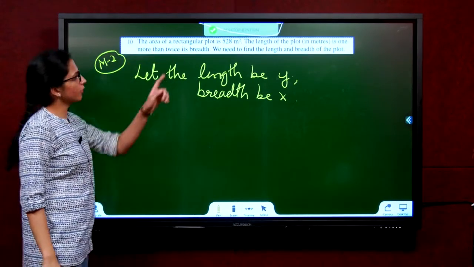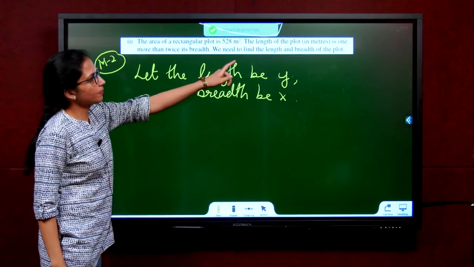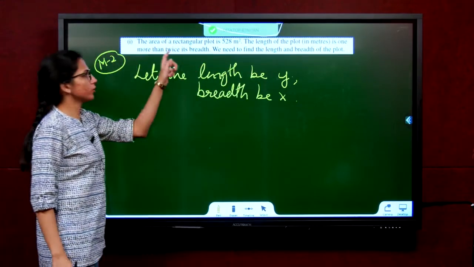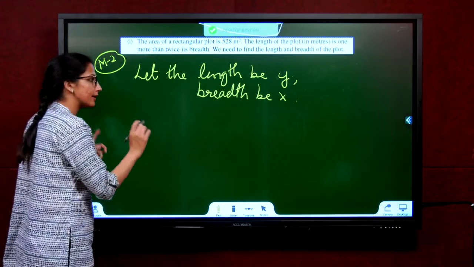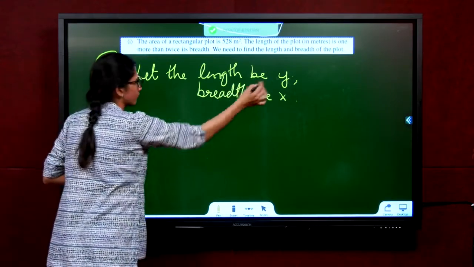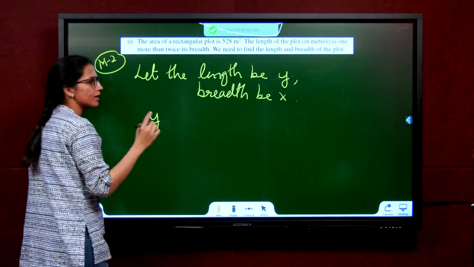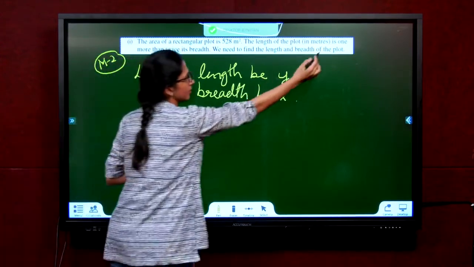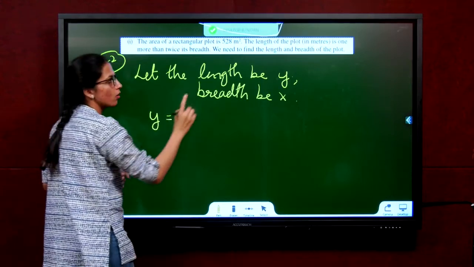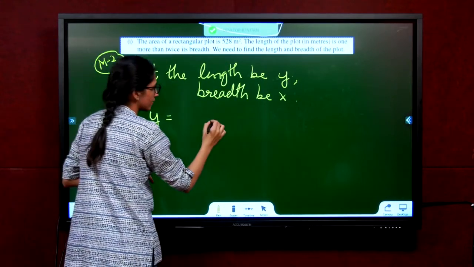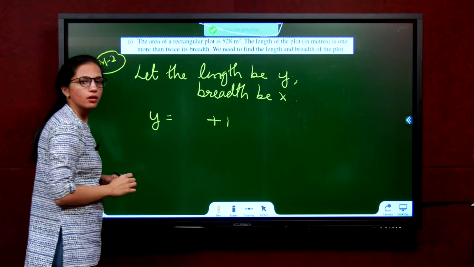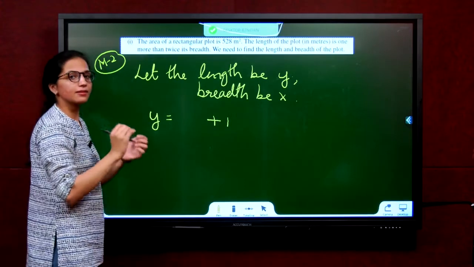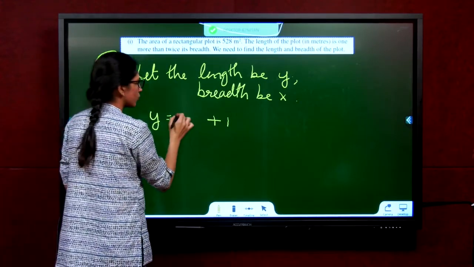Okay, now they've given the length of the plot is 1 more than twice its breadth. The length of the plot, who is the length? y. It is 1 more than twice its breadth, means equal to plus 1, twice its breadth, 2 times breadth.